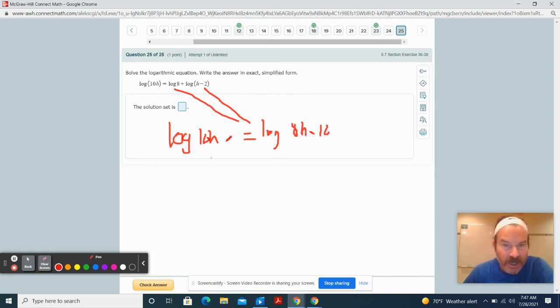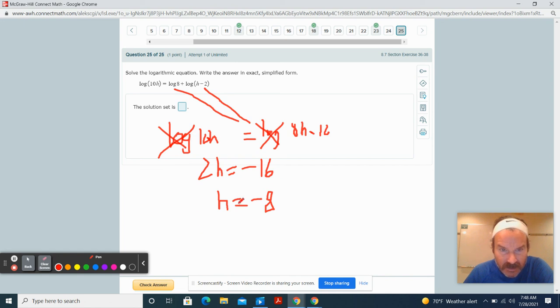Well, if logs are on both sides and they're the same base, you can ignore them, and then you have an equation that you can solve. Subtract 8h on both sides, you have 2h equals negative 16. You divide by 2, and you get negative 8. That's our only answer, negative 8.